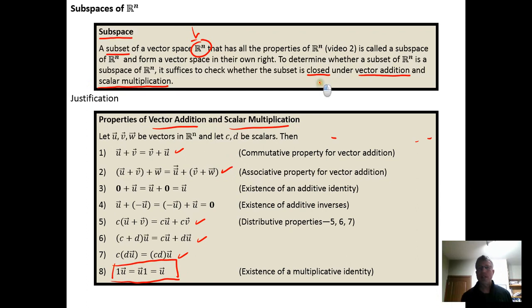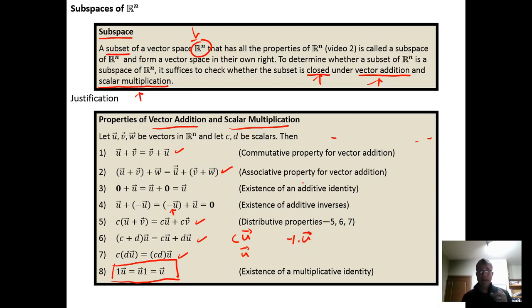But here's the idea why closure under addition and scalar multiplication is sufficient. So if you're closed under scalar multiplication, that means that if you have a vector u, any c times u is also a member of the subset. So here you've got negative u, the existence of an additive inverse. Well, negative u is just negative 1 times u.